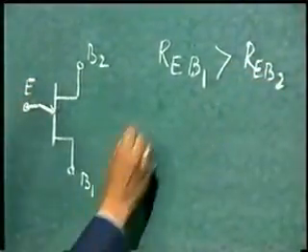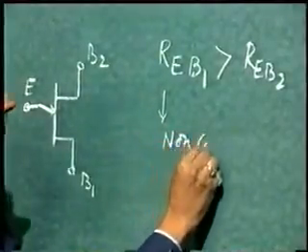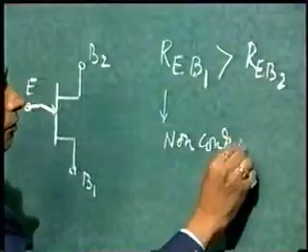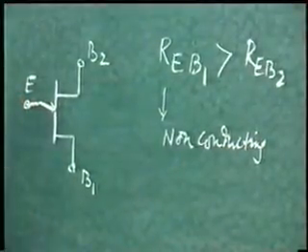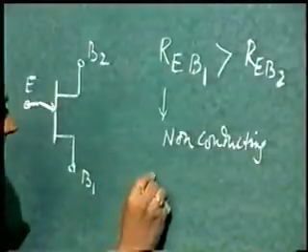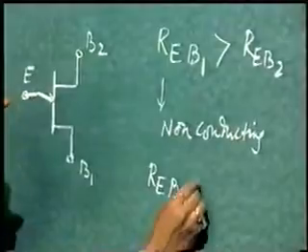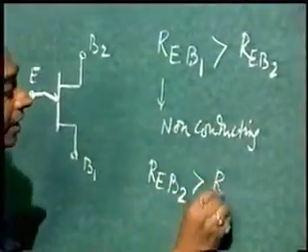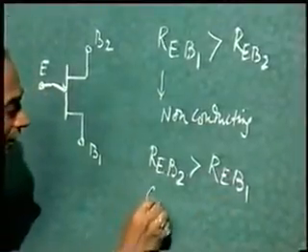But this is when the device is non-conducting, and what will be the position when it is conducting? Reverse, that is, resistance between emitter and base 2 will be greater than resistance between emitter and base 1. This is for the conducting state.